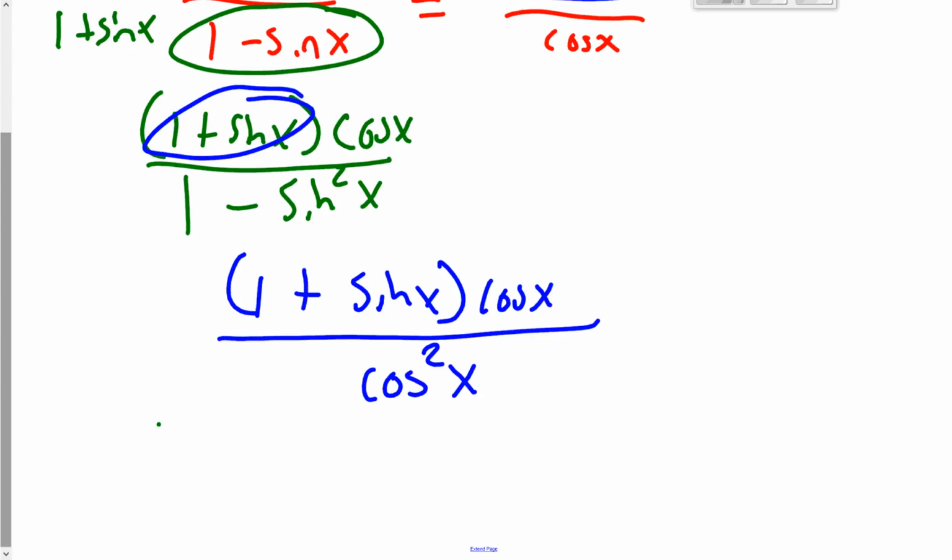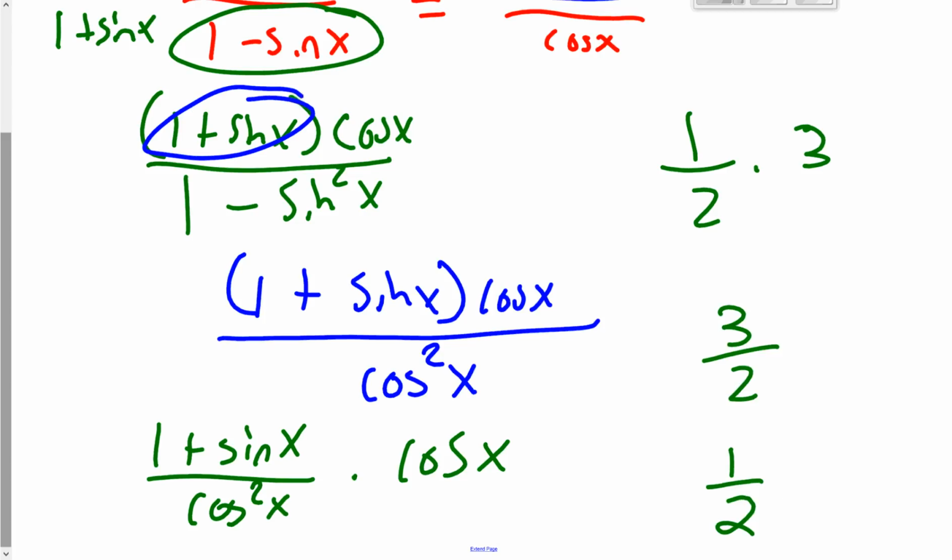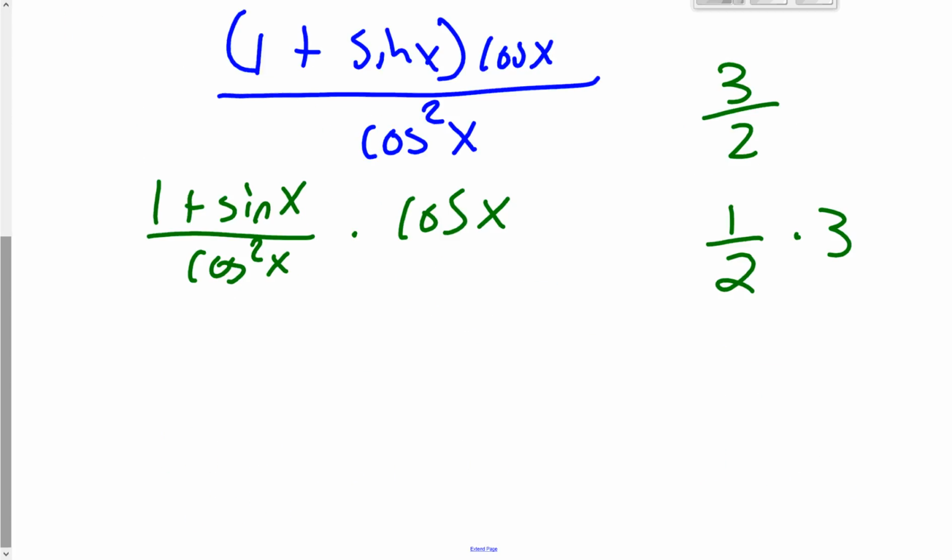Well, you could separate this into 2 fractions, but this one is by multiplication, right? So that means cosine squared x here, and then I could do a whole number here, right? So just like I can multiply 1/2 times 3 as 3 over 2, I could separate it to 1/2 times 3. That's what I did here. Well, the same thing is kind of true even more. There's 2 cosines on bottom, so it would be something like 3/6.